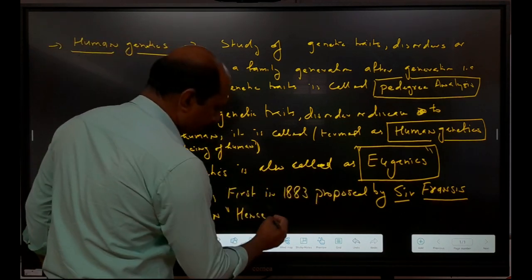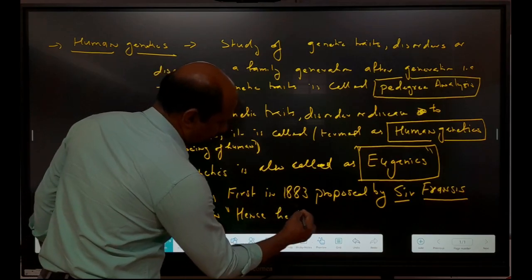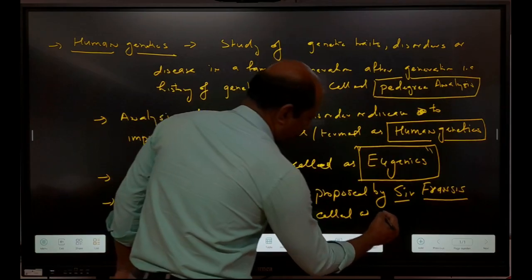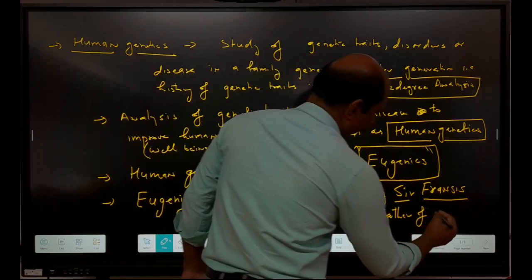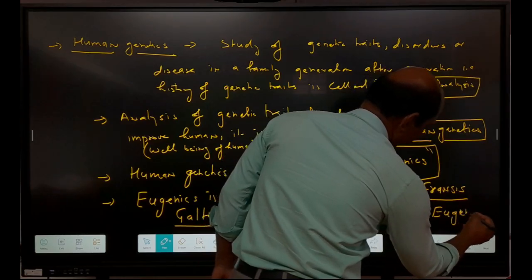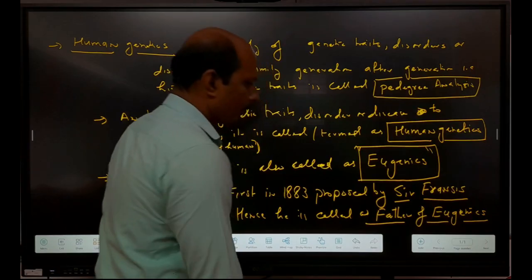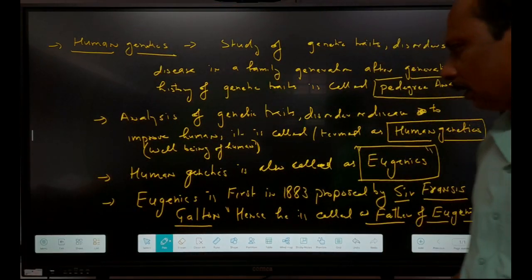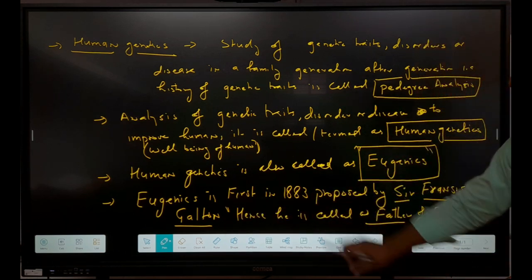So, hence, Sir Francis Galton is called father of human genetics or eugenics, right? So who is the father of eugenics or human genetics? It is Sir Francis Galton, because he proposed in 1883.